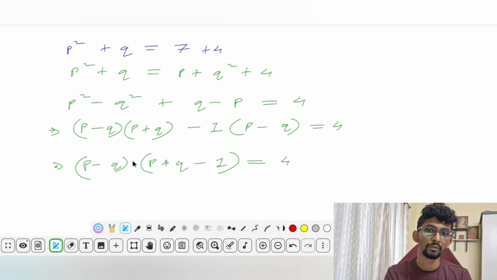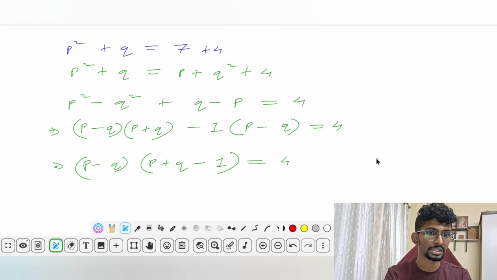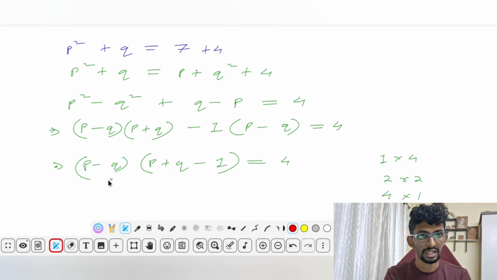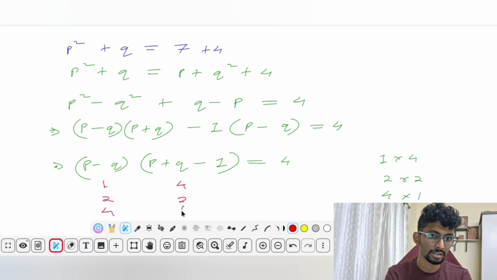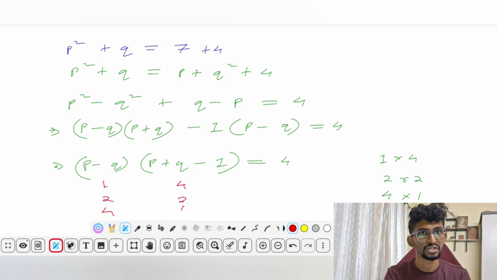Now the product of two numbers is 4. Now 4 can be written as either 1 times 4 in the form of factors, or 2 times 2, or 4 times 1. So we can assume either this one is 1, this one is 4, or both are 2, or first one is 4, second one is 1. So let us check.